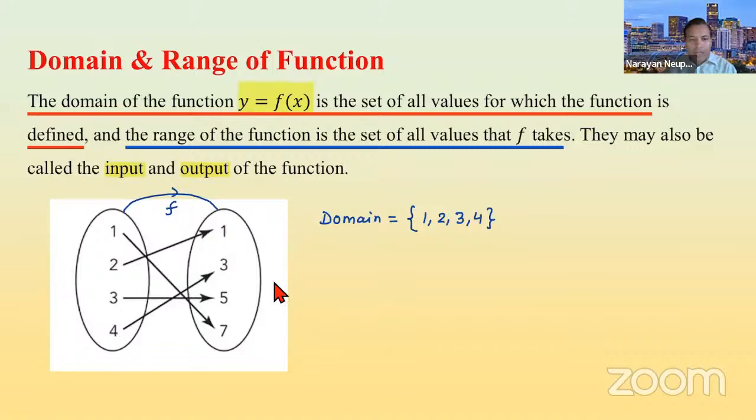And the range are these values, the output values. The output values here are 1, 3, 5, and 7. Those are the range or output.